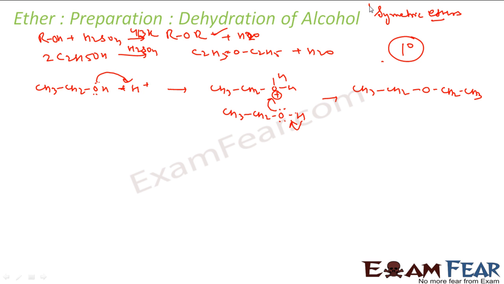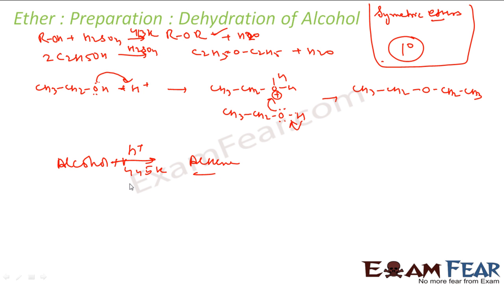Because as I told, you have alcohol and sulfuric acid, if you make the temperature 443 Kelvin or something, you get alkenes actually. You don't get ethers. So the disadvantage of this method is it is only for primary alcohol and symmetrical ethers.